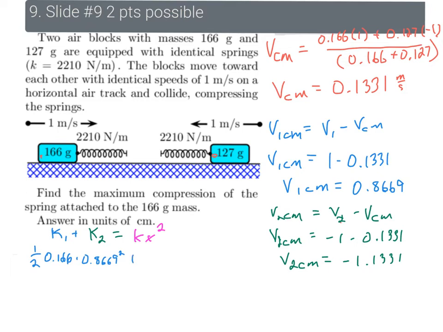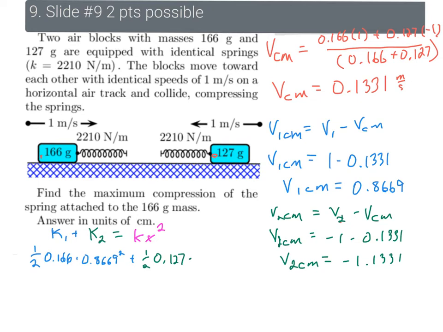Then we're going to add on our second kinetic energy, also 1/2, its mass 0.127 times its velocity.